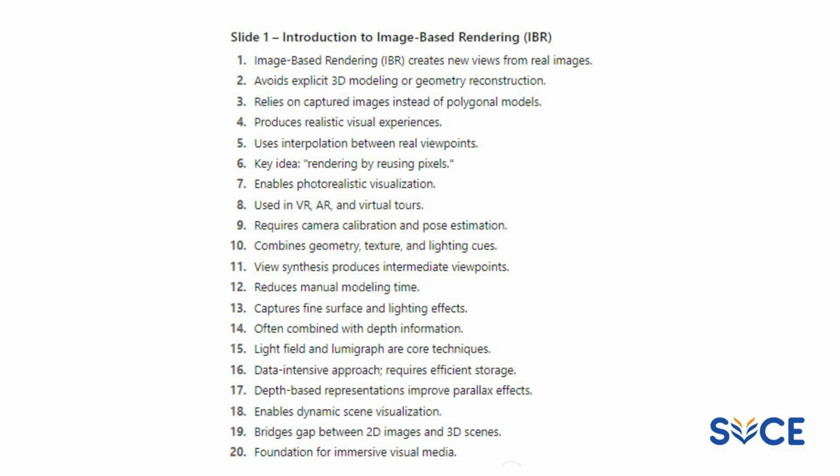Methods such as viewpoint interpolation, layered depth images, or light fields and lumigraphs enable the creation of highly realistic virtual environments, dynamic backgrounds and immersive visual experiences. IBR plays a vital role in virtual reality, 3D movie production, video games, and AR, VR, augmented reality, where realism and speed are essential.